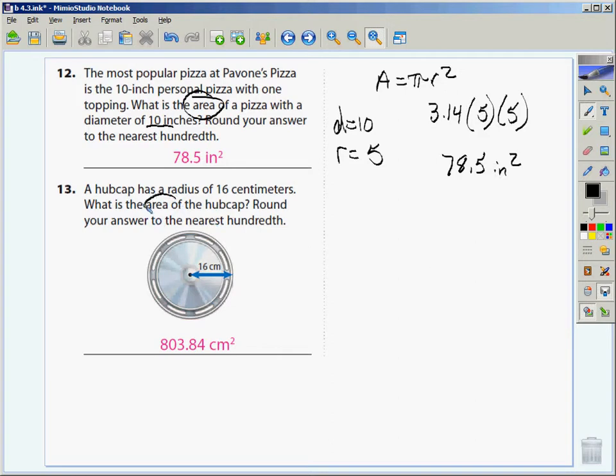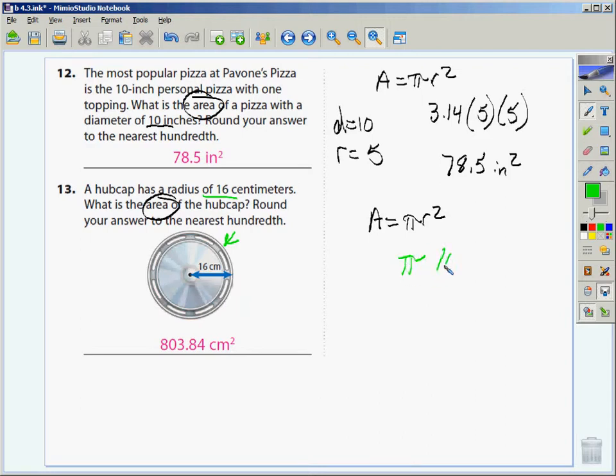The minute I see area, what do I write down? Pi r squared. I write that down every time I know I'm dealing with the area of a circle. Obviously, I'd write down a different formula if I was writing down the area for a triangle, right? Now, this one has a radius of 16, so I don't have to divide anything by 2.